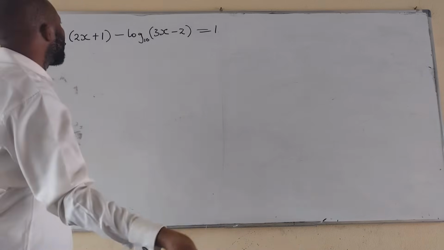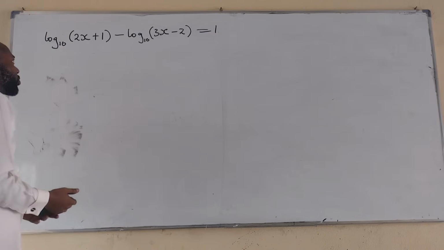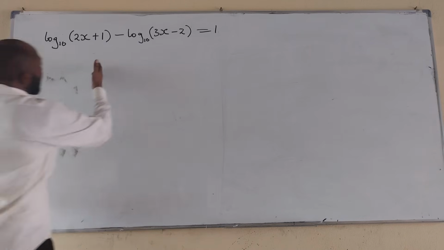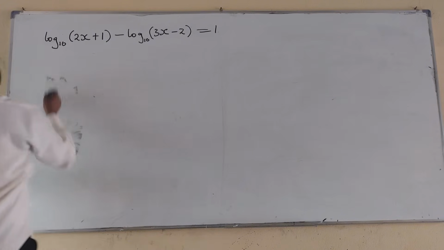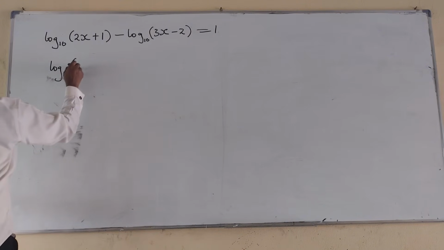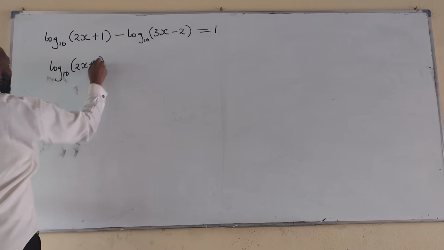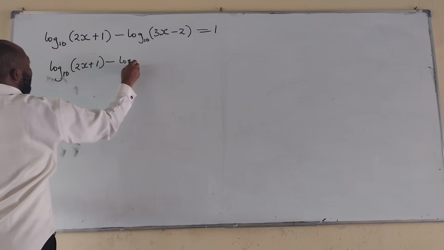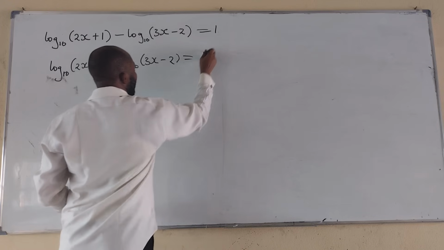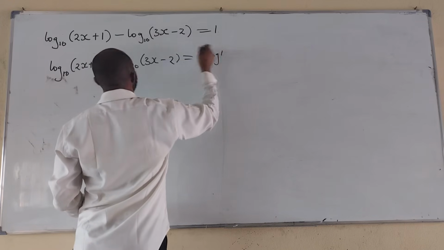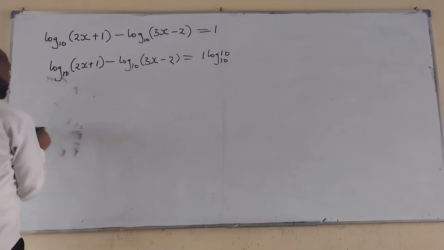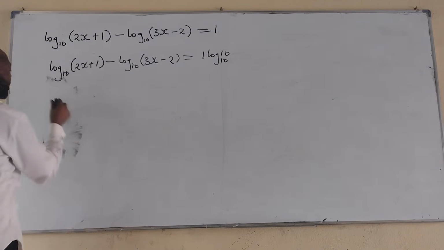So here again we just do what we know how to do best. I can introduce the other side: log in base 10 of 2x plus 1 minus log in base 10 of 3x minus 2 is equal to 1 log 10 base 10. Let me start evaluating both sides.